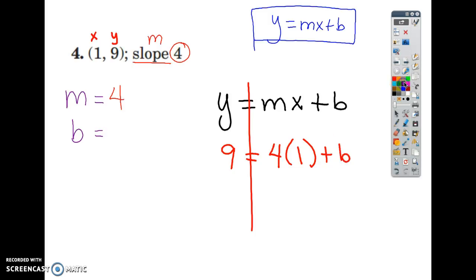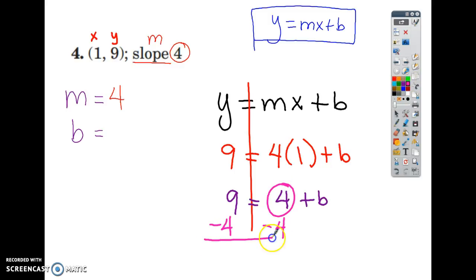So what's the first thing that you do? You multiply the 4 times 1. And what does that give you? 4. Bring everything else down. Plus b equals 9. And solve for b. So you're going to take the 4 and subtract it from both sides. And that gives you b equals 5.